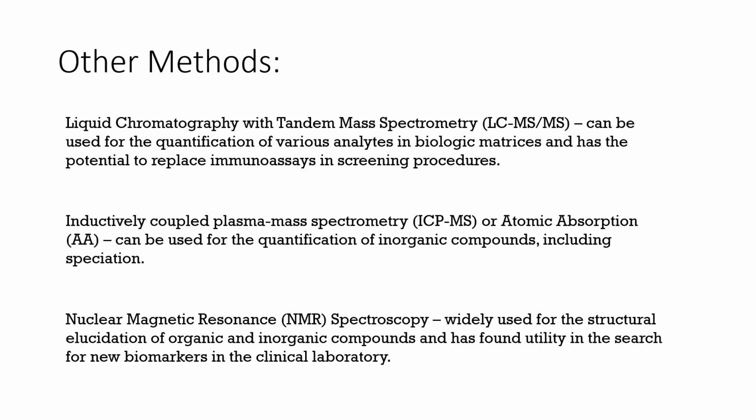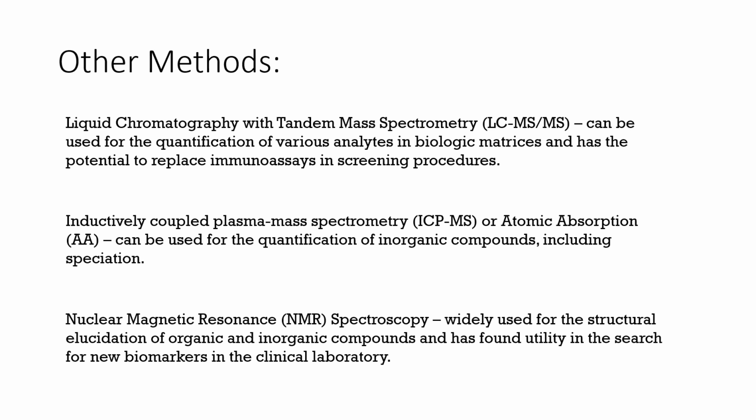compounds. So, for biologic matrices, we use LC-MS-MS. For inorganic, we use ICP-MS or AA or AES. We could use nuclear magnetic resonance spectroscopy, which is widely used for the structural elucidation of organic and inorganic compounds and has found utility in the search for new biomarkers for the clinical laboratory.